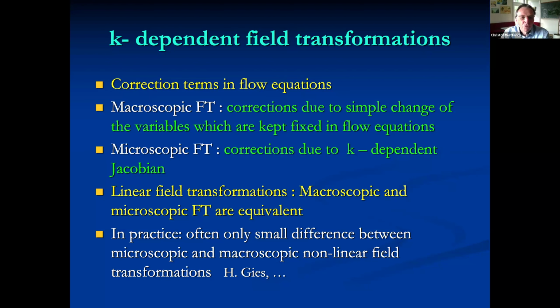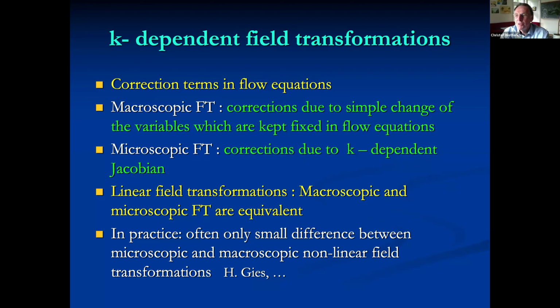If you have the microscopic field transformations, then the corrections are due to the k-dependent Jacobian, as I will demonstrate a little later. Importantly, for linear field transformations, the macroscopic and the microscopic field transformations are equivalent. So there is no Jacobian, there is no difference.